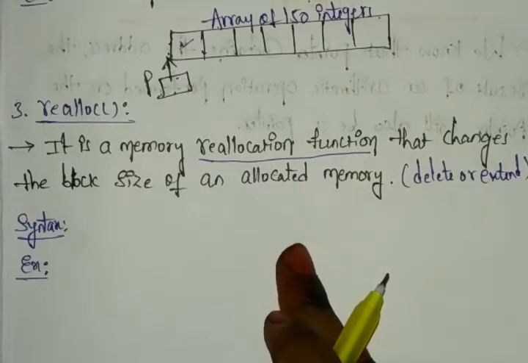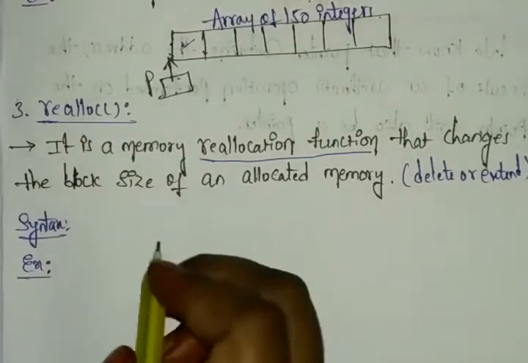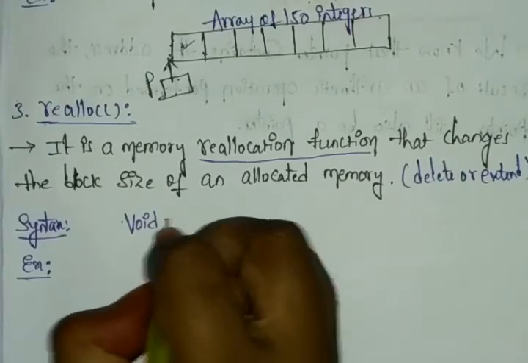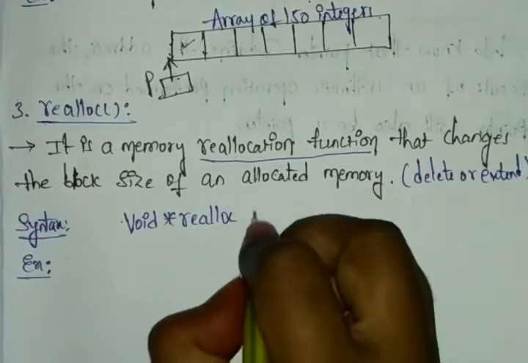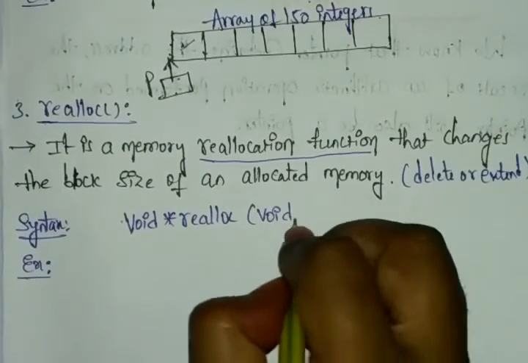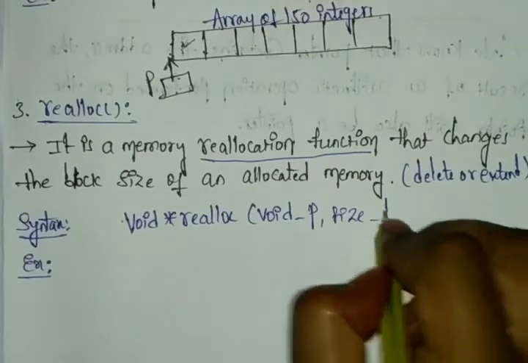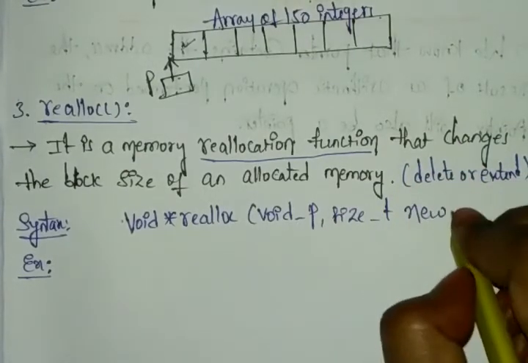Here we have the syntax to define reallocation. You can see void star realloc, with void star p and size_t new size.